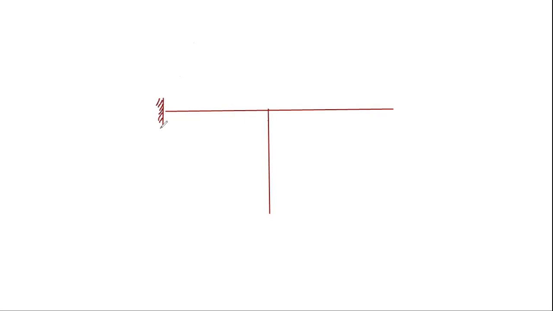Here it is a fixed support and here is also a fixed support and here a hinged support. And there is an internal hinge here and here. So find out the kinematic indeterminacy of the structure. So this is an assignment.